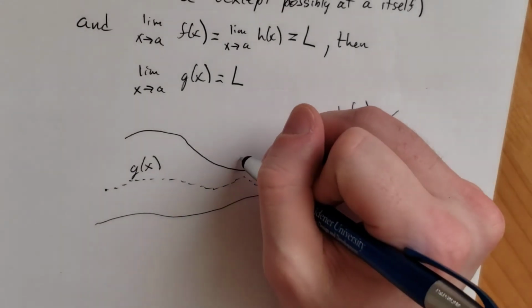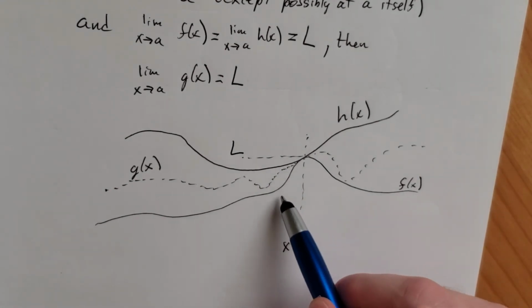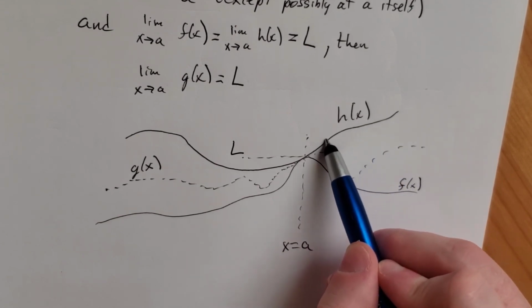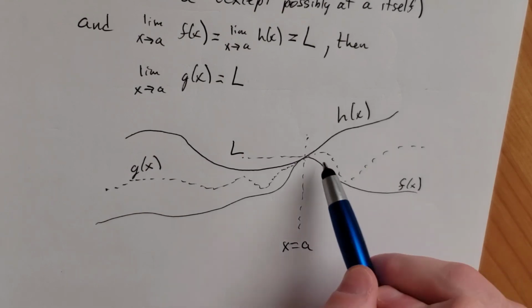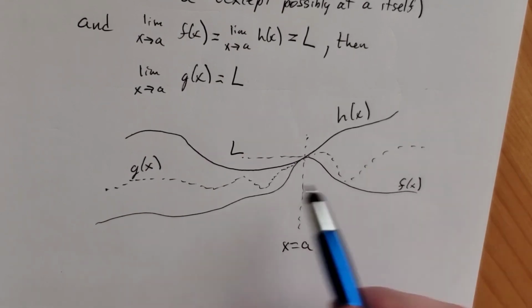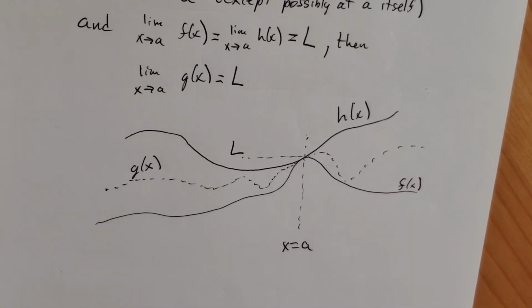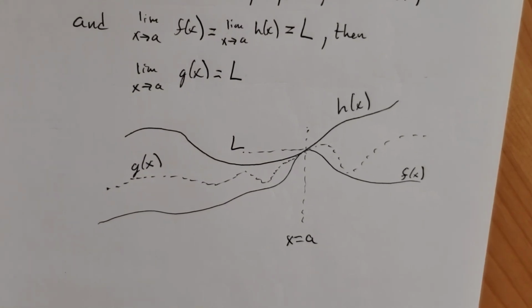And the height here, the y value, is some value L. So we know that the limit as x approaches a of f of x is L, and the limit as x approaches a of h of x is L as well. So those two limits are equal here. Well, then the middle function must also limit to that value. And that's what this theorem says.